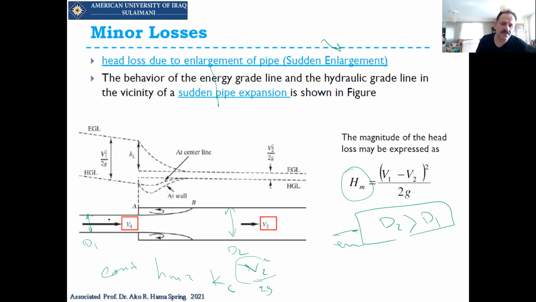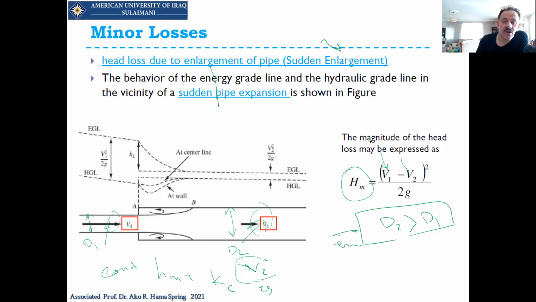Here the velocity is greater than this velocity, because the diameter here is very small and here the diameter is very high, so V1 is greater than V2. So the difference in velocity will act on this head loss. More difference in velocities means more head loss.